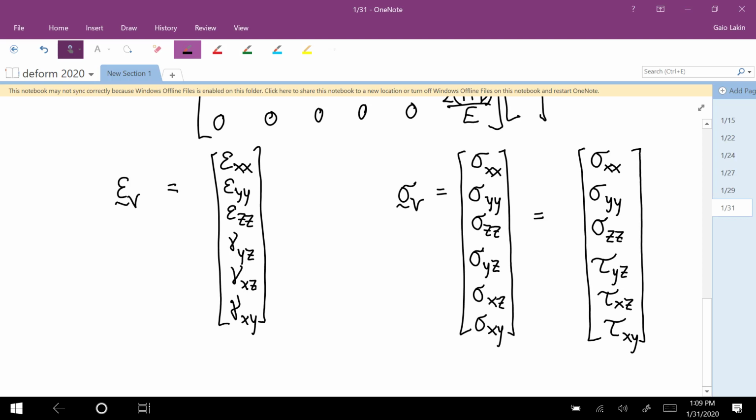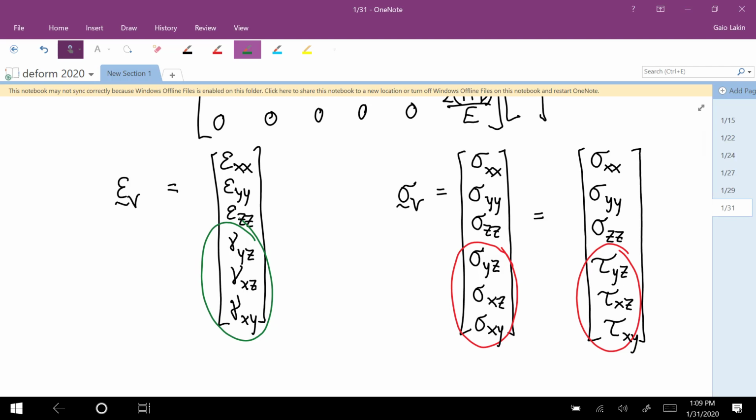So these mean the same thing. If you write those as epsilons, it means something different.